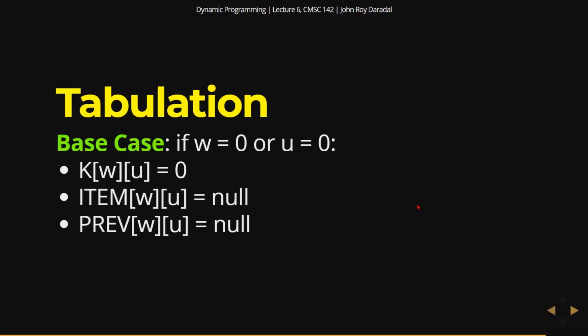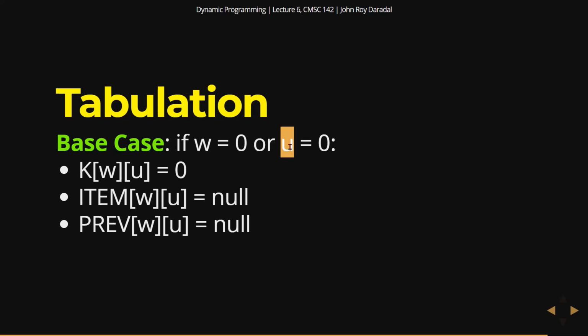Okay, so now for the base case, it would still be 0 if the capacity is 0. So if the capacity is 0, that means that you can't put anything, right? Because the capacity is 0. And if u is 0, that means that you cannot use any items because you are not allowing any item to be considered.